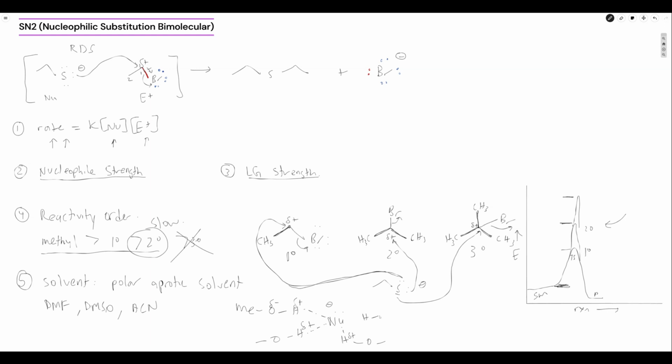And the effect that would have would be to stabilize the nucleophile. And as I mentioned here in consideration number 2, nucleophile strength matters a lot in an SN2 reaction. It's a critical consideration. And so if you choose a polar protic solvent, it will stabilize the nucleophile via hydrogen bonding and decrease the nucleophile's reactivity. And so this is why for an SN2 reaction, you want to avoid a protic solvent. And therefore that's the reason that for SN2 you need a polar aprotic solvent.